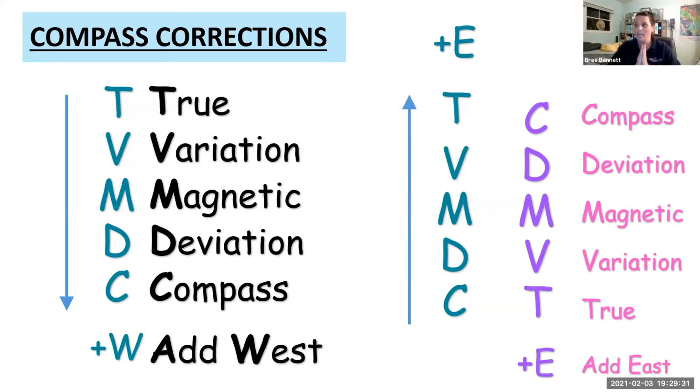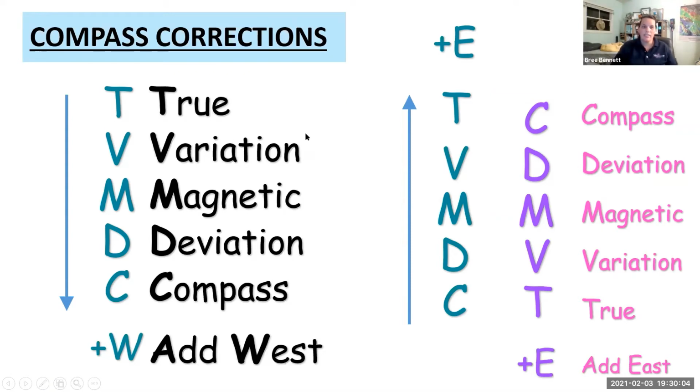They are the same ways, just people have learned it differently. I would say the most common is the T to C. So some people say going down, you add west. I actually learned it starting at C and going to T. So I kind of always go back to that. But again, it's the same thing. You can work it forwards and backwards.